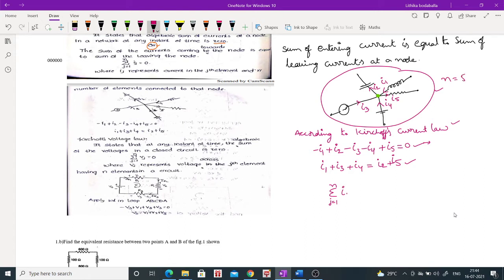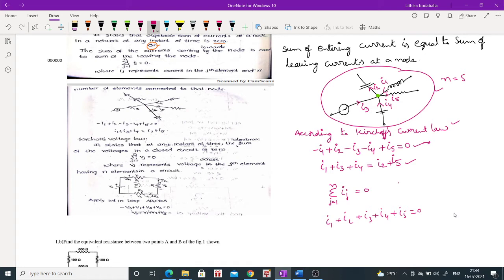So sigma Ij is equal to 0 means you start with j equal to 1, I1, j equal to 2, I2, j equal to 3 plus I3, j equal to 4 plus I4, j equal to 5 plus I5 is equal to 0. Actually, we are not considering any sign convention.